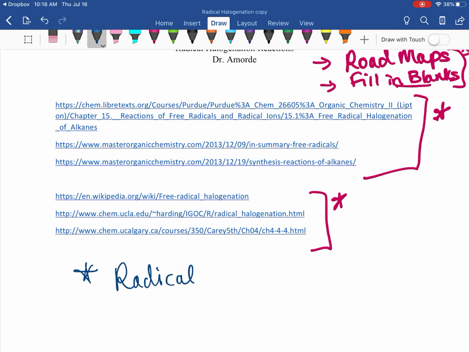I do want to give a general disclaimer that radical halogenation, we are going to keep it very much on the surface. And we are not going to get super deep with it. So you want to be careful in your sources because this topic can get pretty deep, and we're going to get pretty deep into side products and all kinds of things that can happen. That is not the focus of our radical halogenation.